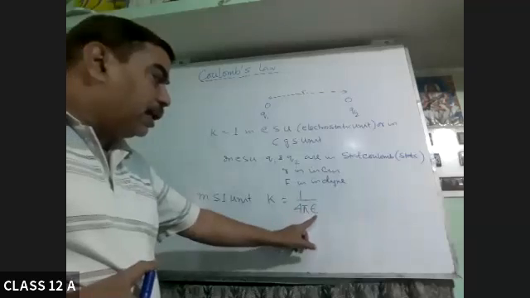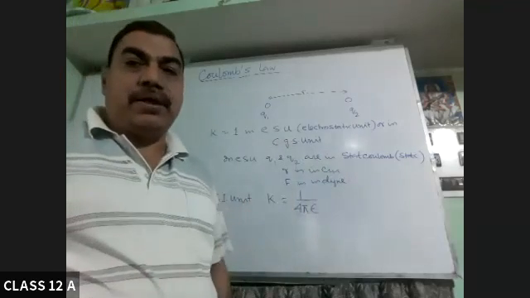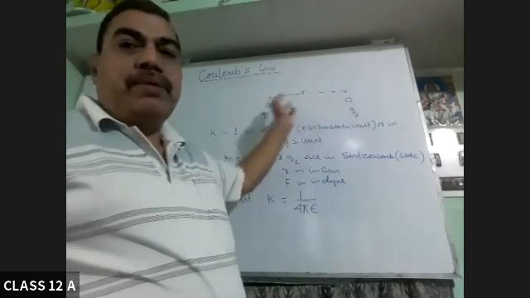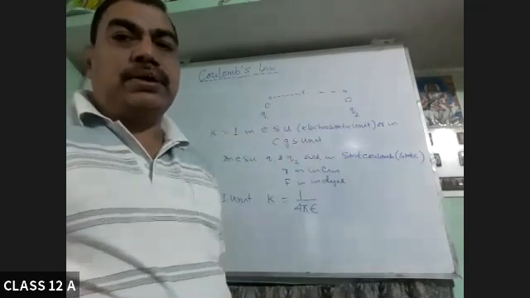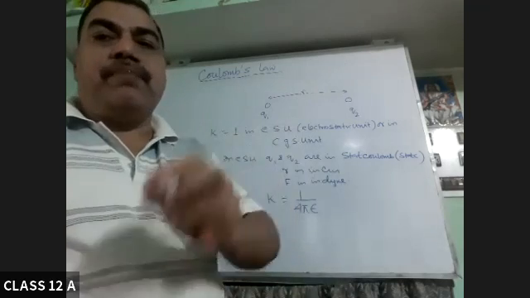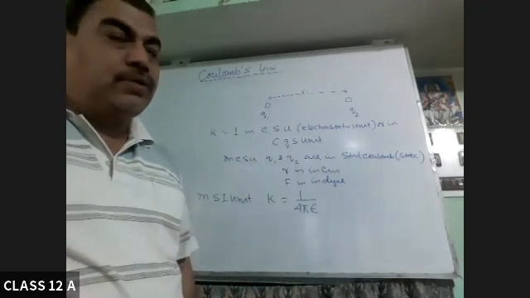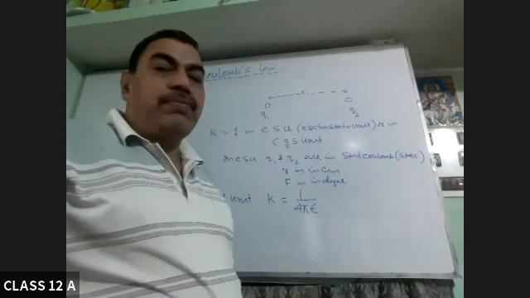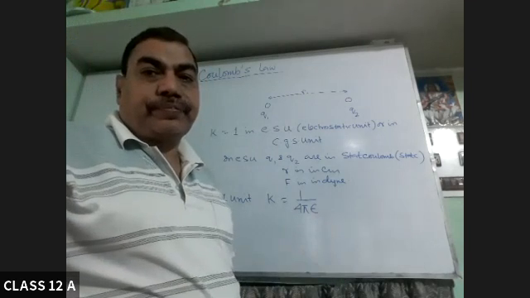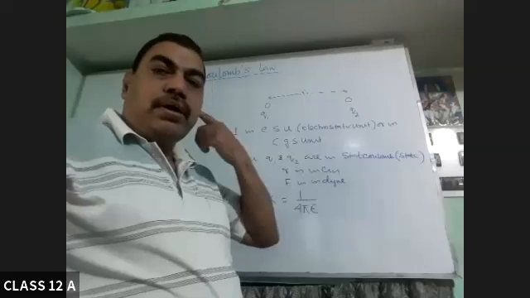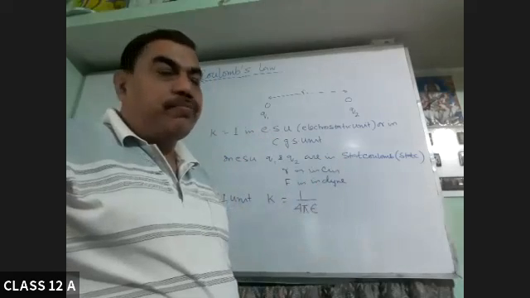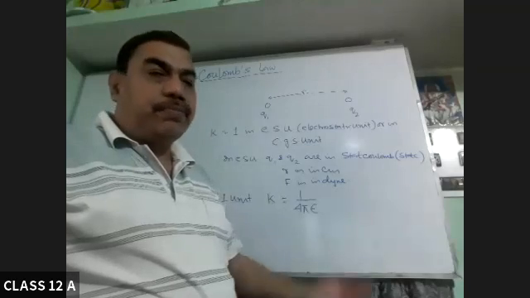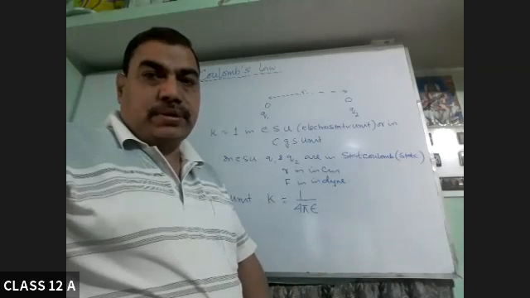This epsilon will depend on the nature of the medium. Because for this electrostatic force, the force acting between the two charges will vary from medium to medium. It is not like gravitational force. In case of gravitational force, it depends only on the product of the masses of the two objects and is inversely proportional to the square of the distance.